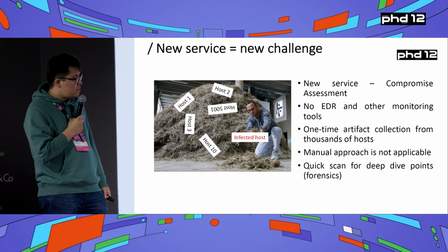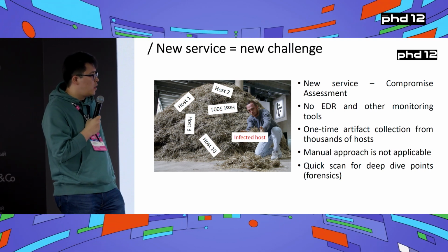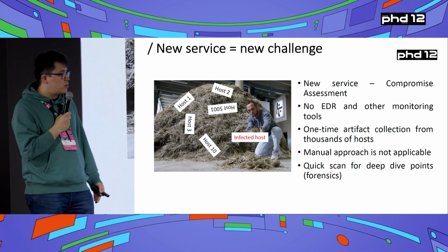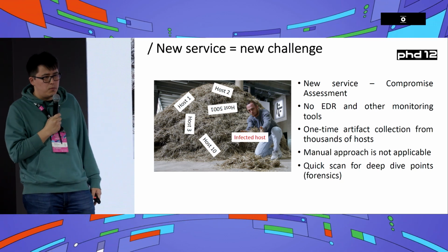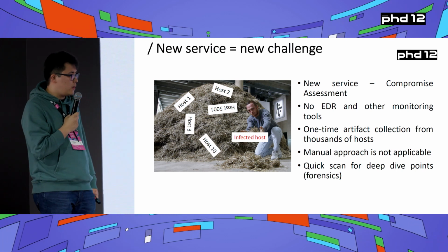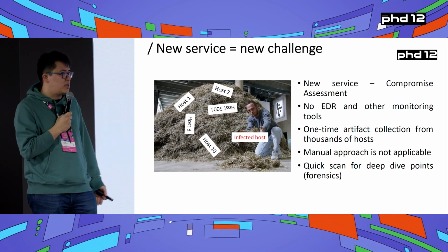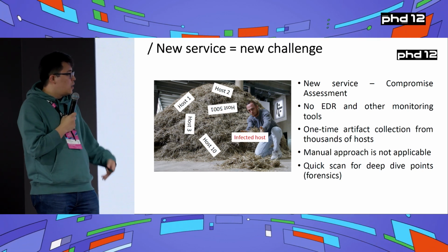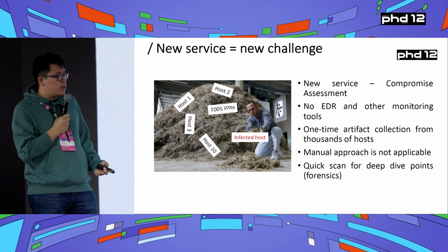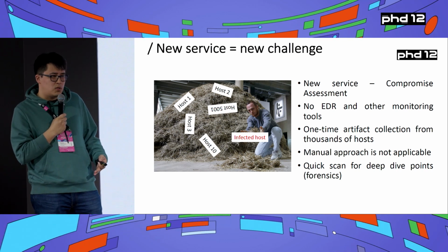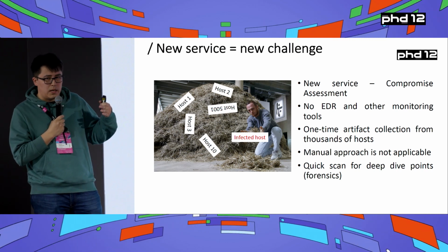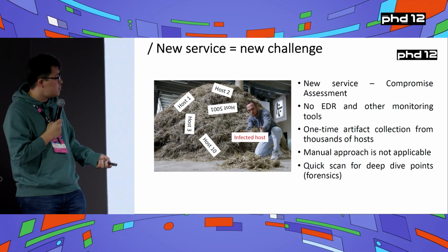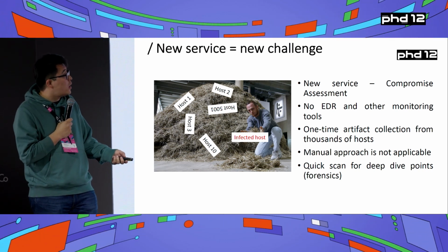And the scope can have tens of thousands of hosts. So manual analysis is not an option. We need to automate the process. Well, we can highlight the compromised hosts for deeper analysis.